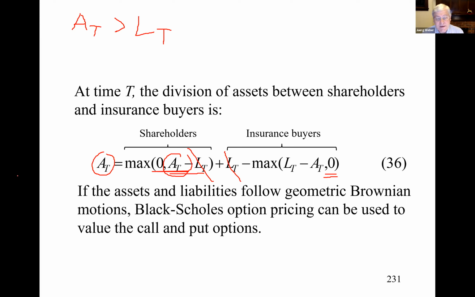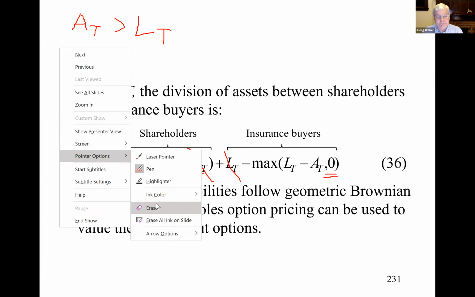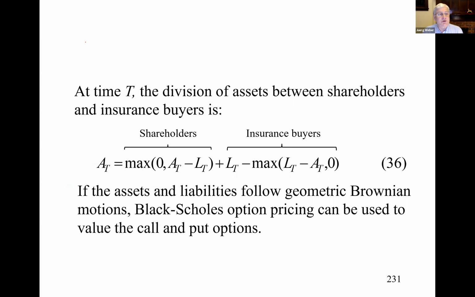We can do the same exercise when the insurance company is broke. Let's also do that. So let's now assume the insurance company is broke at time big T. So the assets no longer cover all the liabilities.